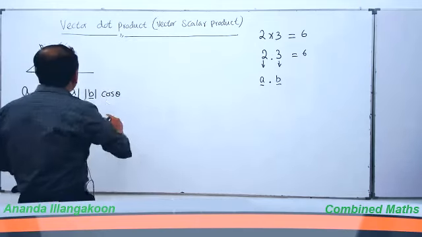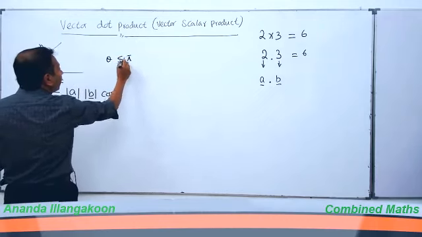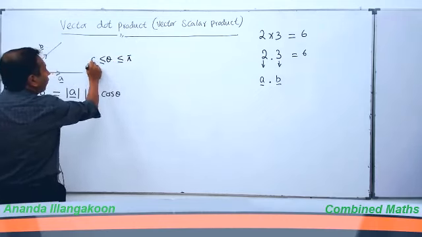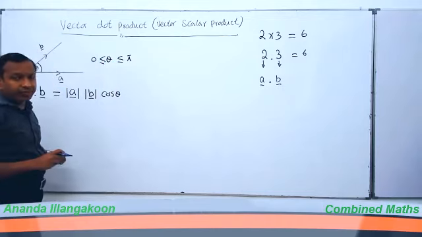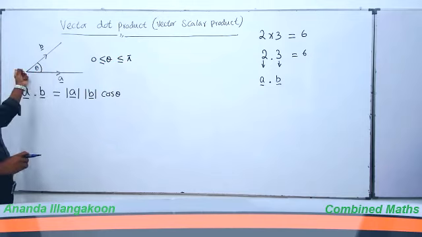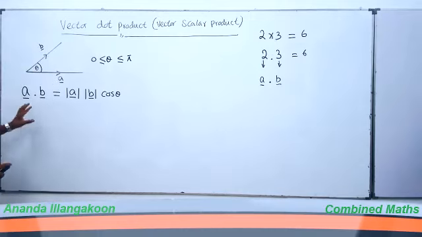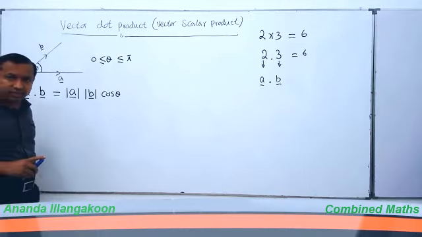This angle theta is an angle between 0 and 180. This theta can be 0, and the maximum value it can take is pi, which means 180. Then A and B are two vectors.